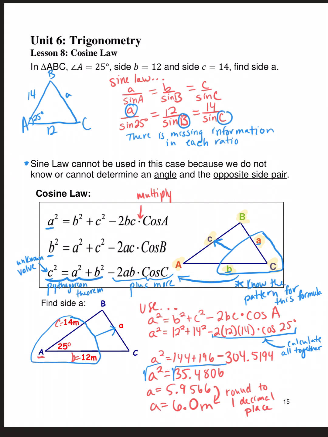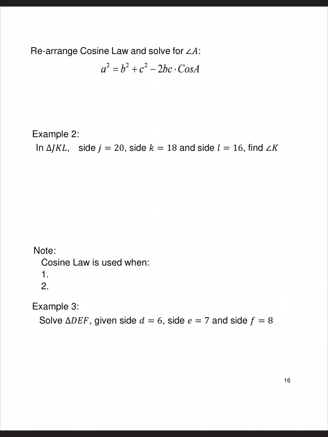Let's try a few more with cosine law. Before we do, we're going to rearrange cosine law in order to solve for an angle. So remember, with our sine law, we had used this version if we're solving for a side length, and this version if we're solving for an angle. So we're going to rearrange cosine law so that we have something to use for an angle as well.